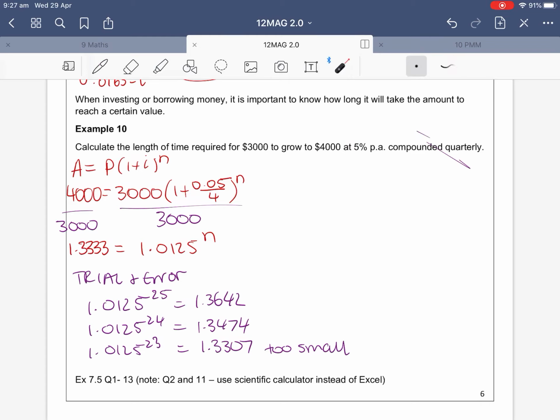Okay, so remember, if we want our investment to be $4,000, we can't come short. So our answer in this case is here. So therefore, n equals 24 compounding periods.